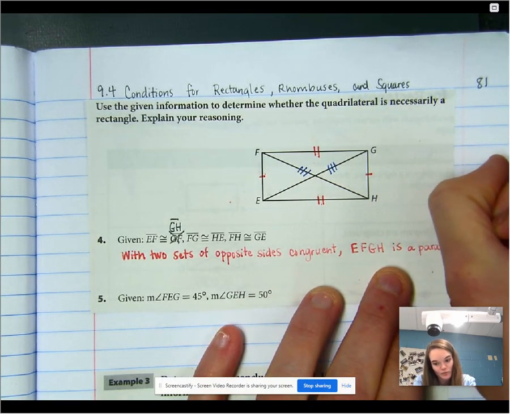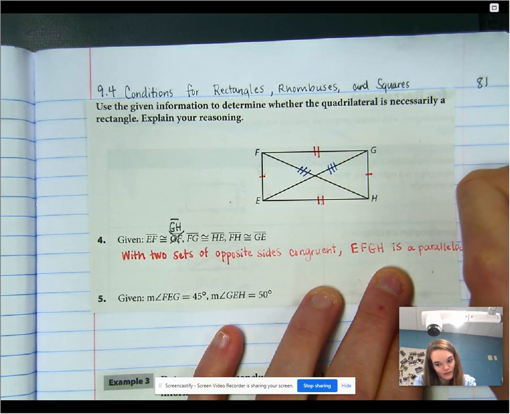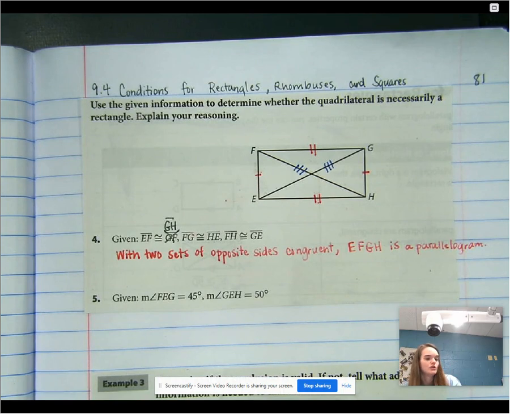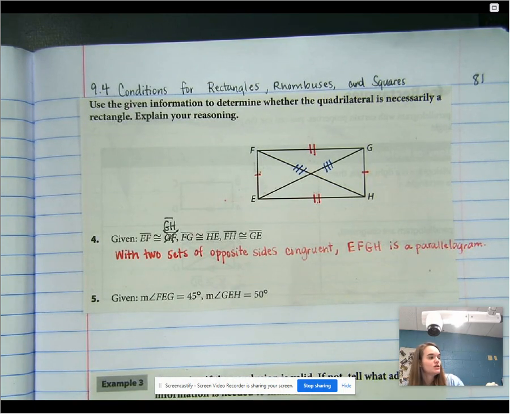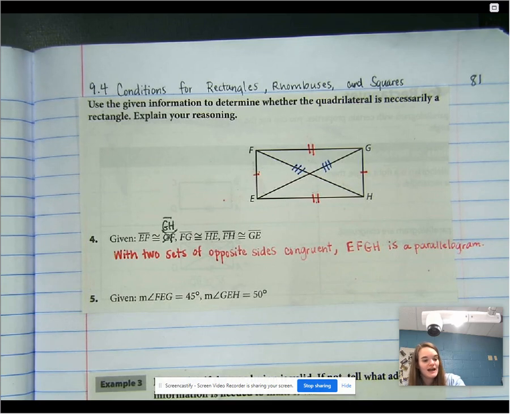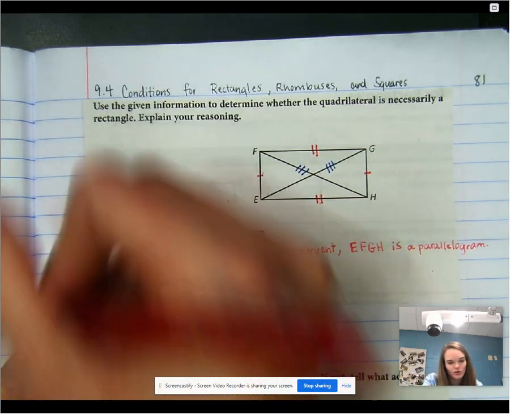Okay, so I've got the first part. It is definitely a parallelogram. Now that we know it's a parallelogram, do we have one of the conditions to prove it's a rectangle? We have that second one. The diagonals of a parallelogram are congruent.